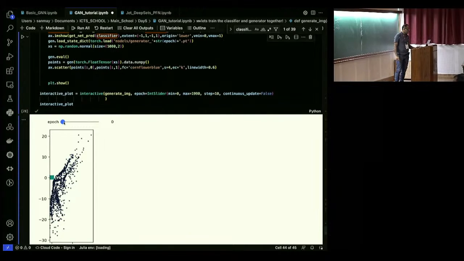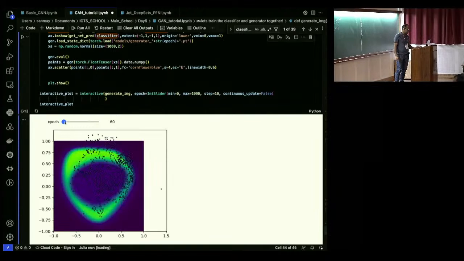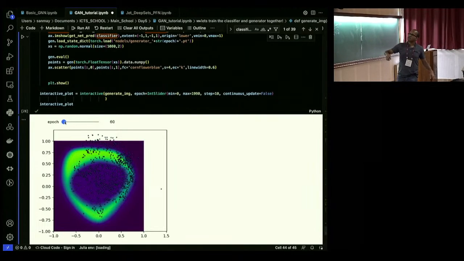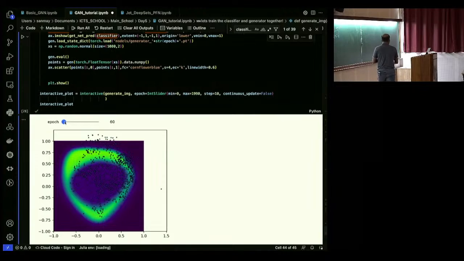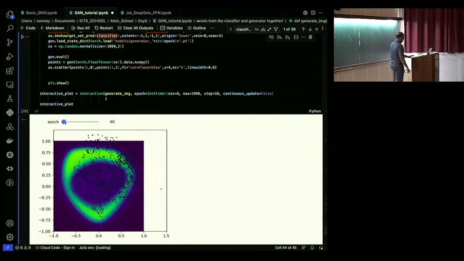So let's go to a training state of 60. Now the output distribution looks like this. Still nothing meaningful, but instead of a completely random noisy distribution on one side, it has some pattern. It started following a ring.